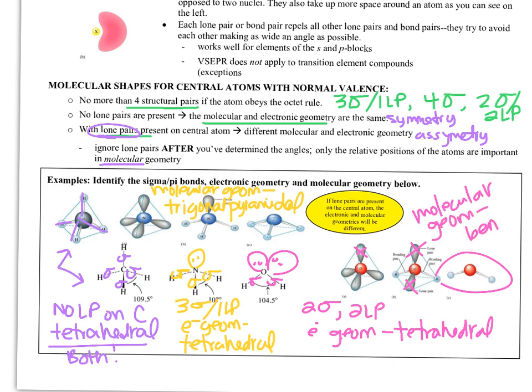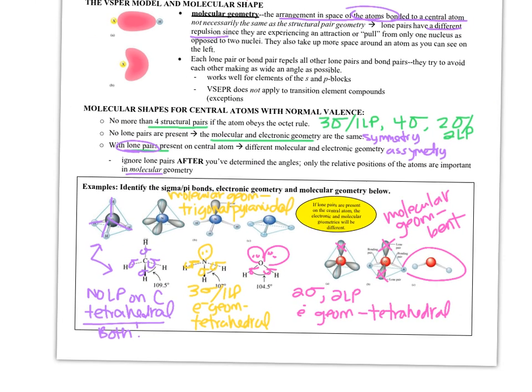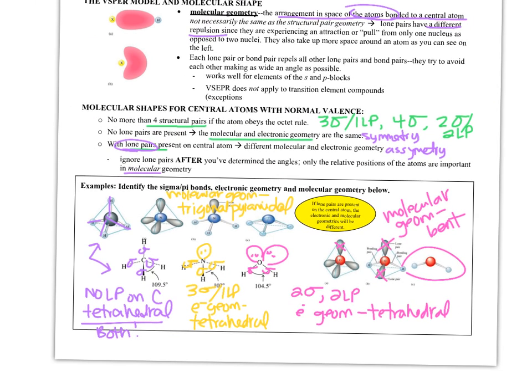You probably remember that for water because it's a specific one we have to know. So the molecular geometry with the lone pairs is different than the electron geometry of how many things are around the center. So there is a little bit of memorization with this when you're looking through these. So let's look at some more.